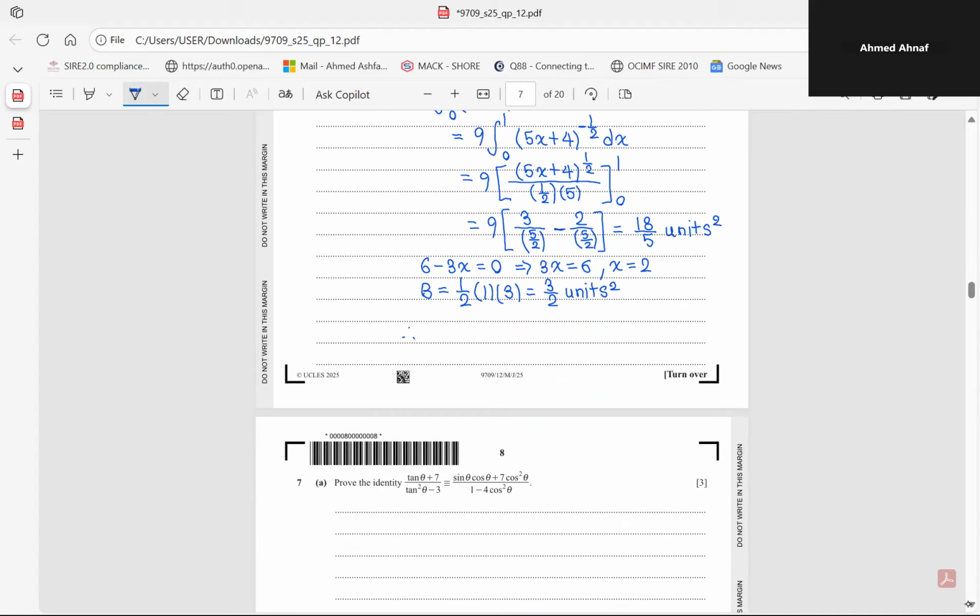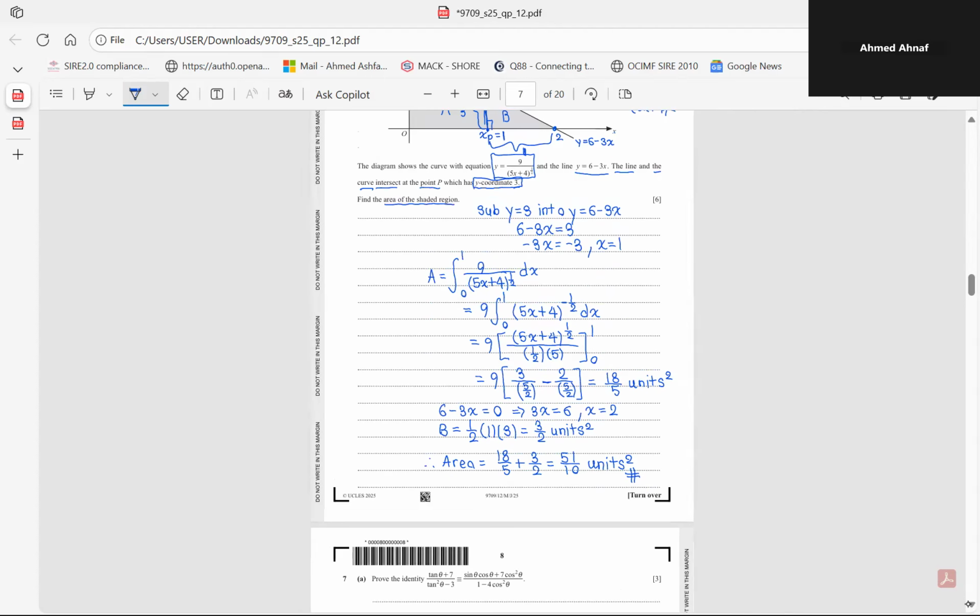So now we can find our area by just adding these areas up. So 18 over 5 plus 3 over 2. Type it into your calculator. You would get 51 over 10 units squared. So this is our final answer for this question.